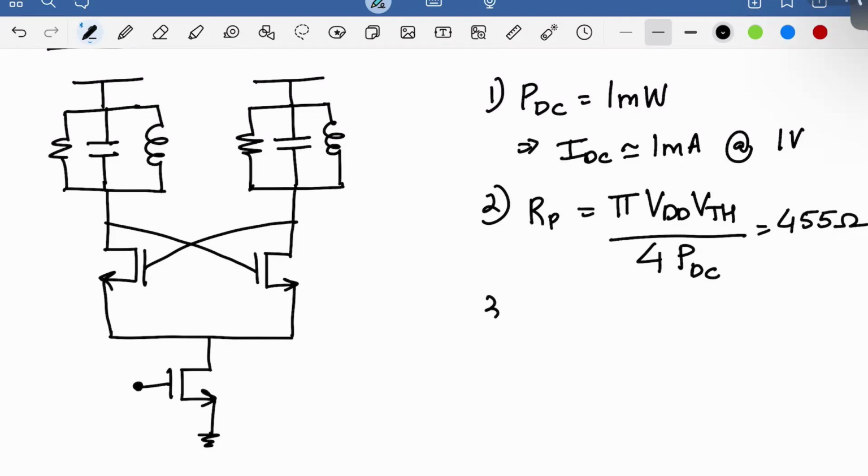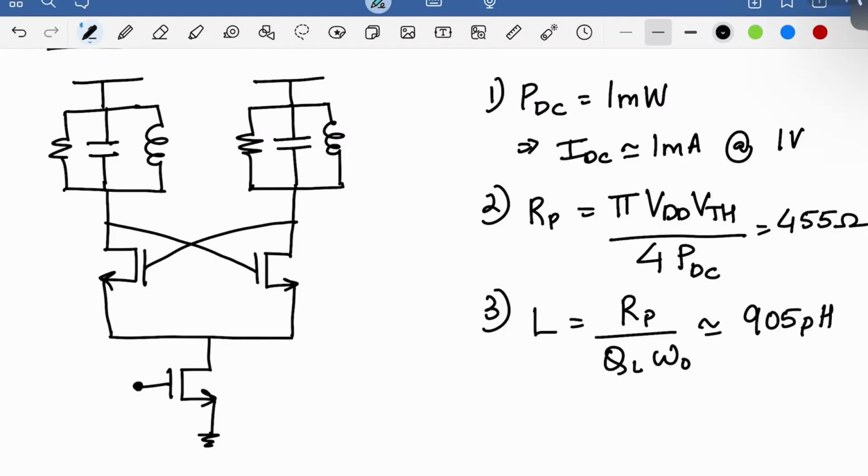And then we also said that based on the Q, you can get the inductance, which is R_P over Q_L omega naught. And that was around 905 picohenry. And obviously from the resonant frequency, you can get the capacitance, 1 over omega naught squared times L, which was around 280 femtofarad.